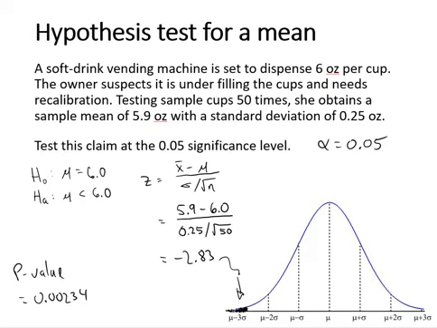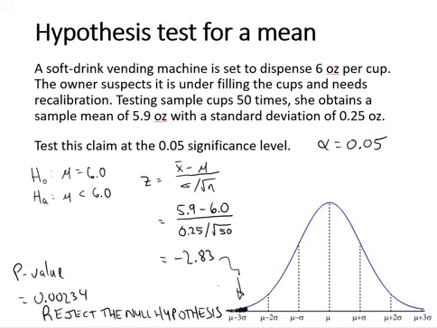Our p-value is less than alpha, 0.002 is less than 0.05, and based on that, our conclusion is that we reject the null hypothesis. So we always conclude a test by deciding whether we reject or do not reject.